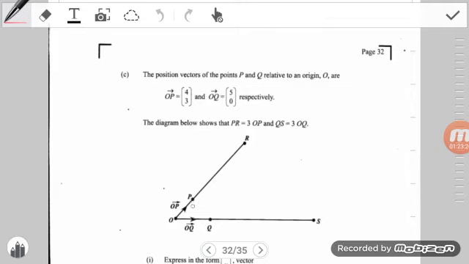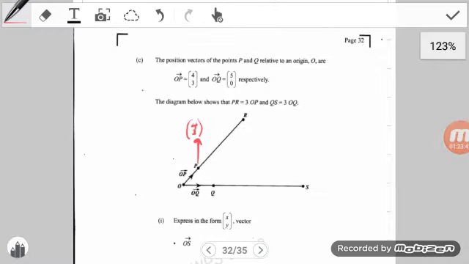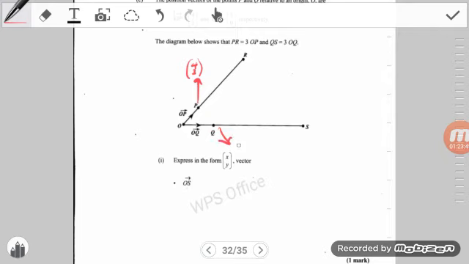And the position vector O to Q, so from O to Q, is going to be 5 to the right, and obviously it didn't go up or down, so this is just 5, 0. So this position here is 4, 3, and this position here is 5, 0. All right, that's fine. Let's get to work.